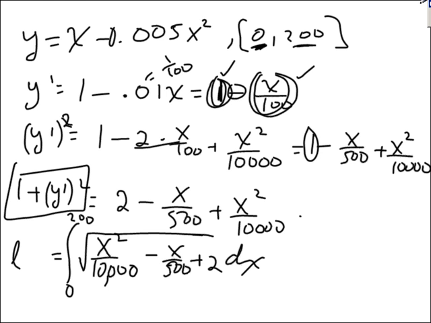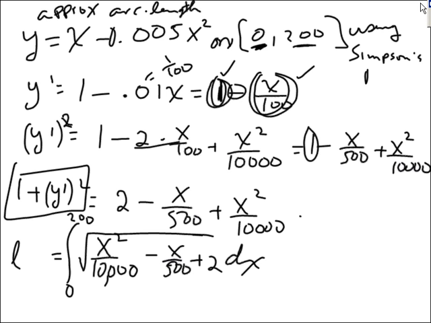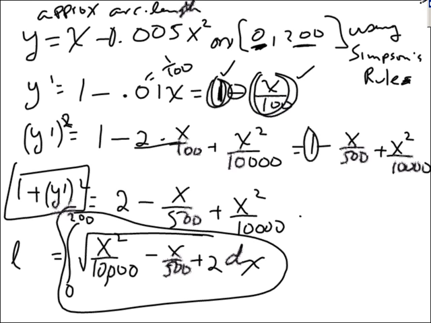What you're going to have to do is approximate the arc length of y equals x minus 0.005x squared on 0 to, say, using Simpson's rule. Okay, so now you're going to have to approximate this with Simpson's rule.